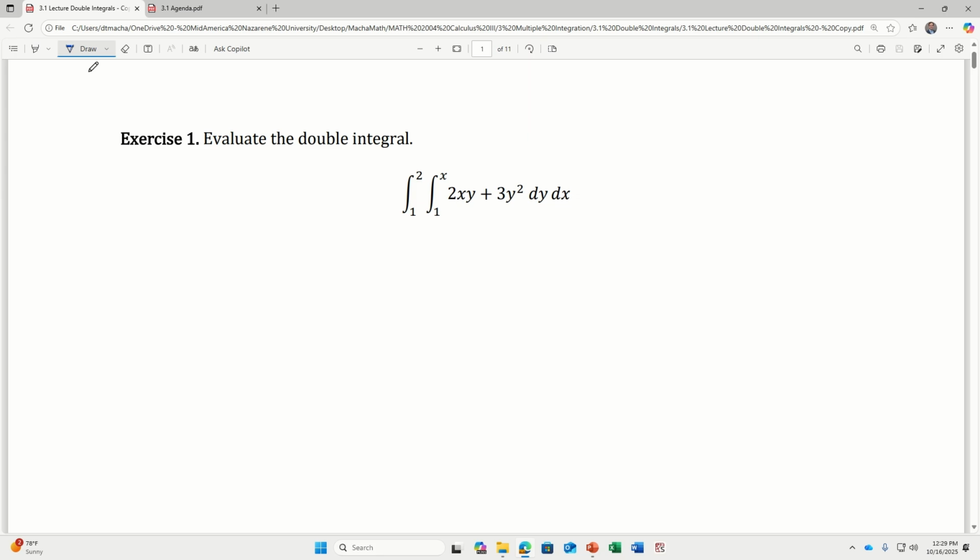Exercise 1, evaluate the double integral. So these are supposed to be nested in one another, like this.